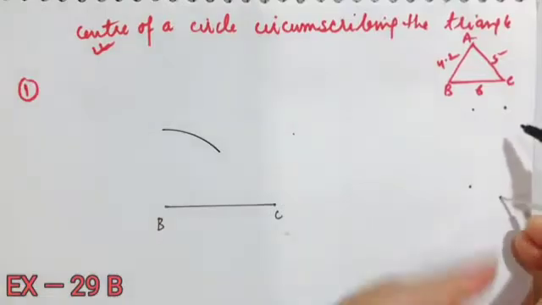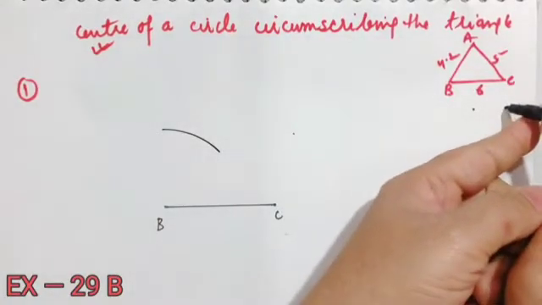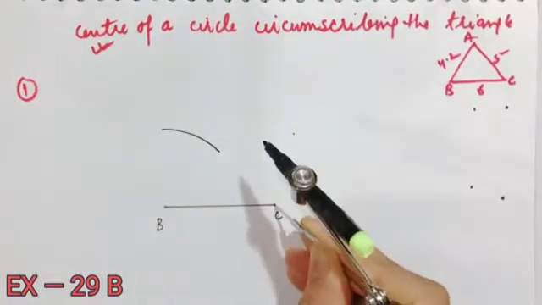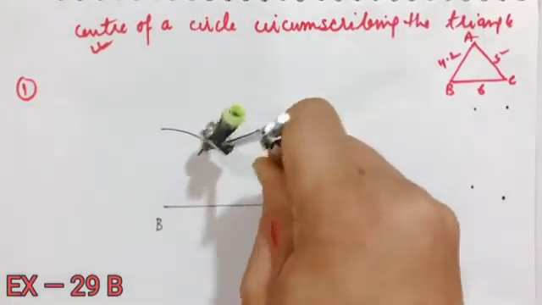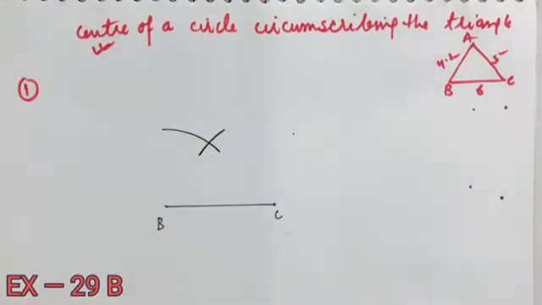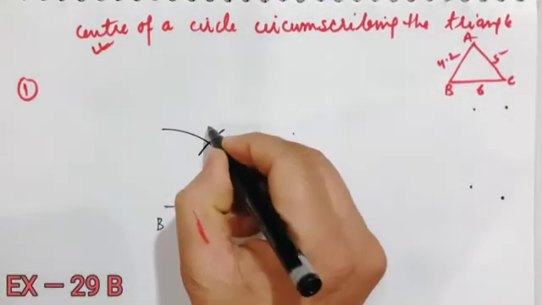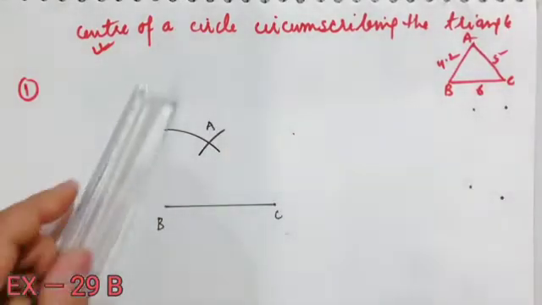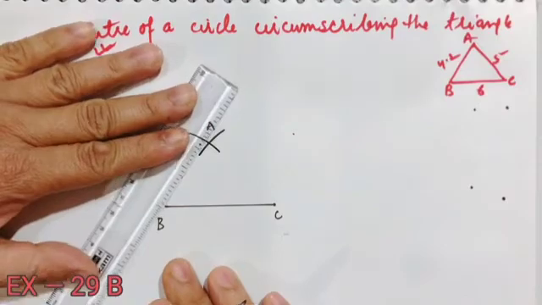Then take 5 centimeter. I have taken 5 centimeter. You people can see 5 centimeter. And from here, let's draw another arc. So we will get a point over here as A. This is our point A. Let's join this. So when I join this, naturally I'll get a triangle.